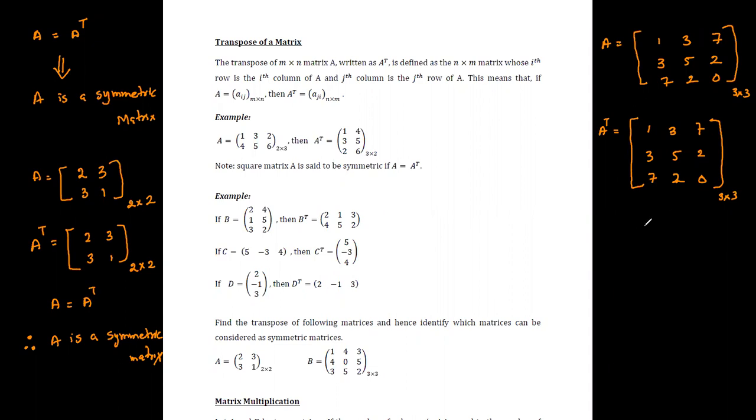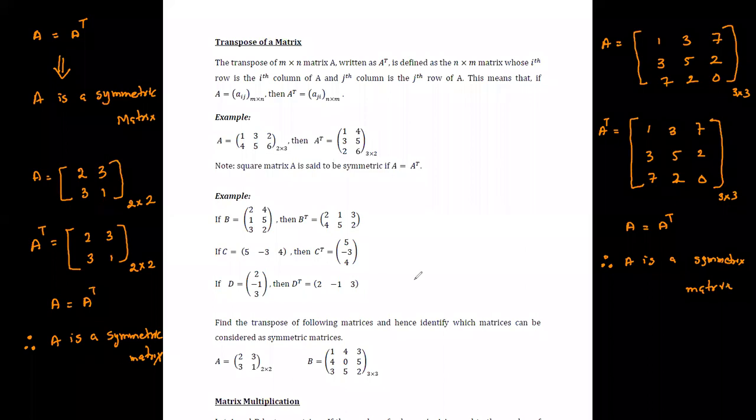Therefore, we can simply say that A and the transpose of this matrix are equal matrices. Since this equality is satisfied, we can say that A is a symmetric matrix. Using this concept, we can now identify the symmetricity of a matrix.